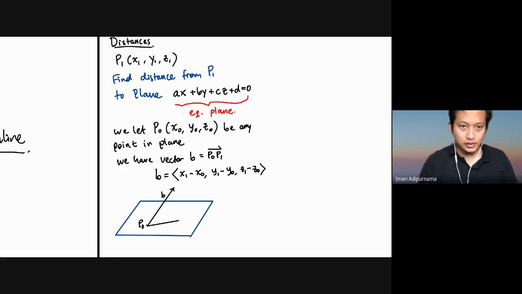Let's say this is vector B, and this is P1. So P1 is above the plane, and we have, okay, a normal vector.